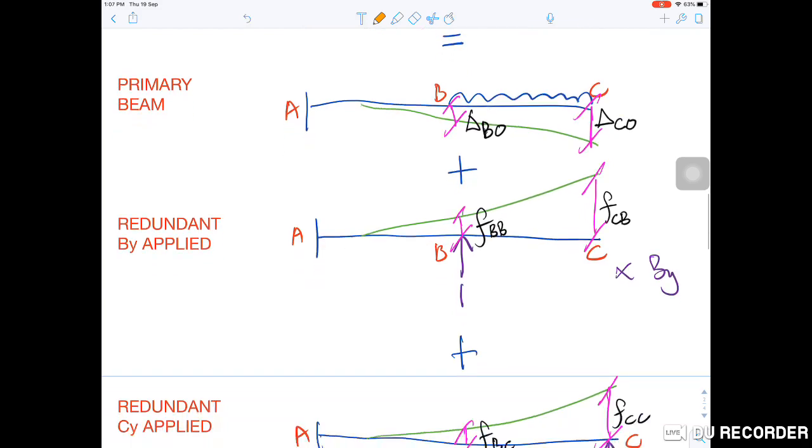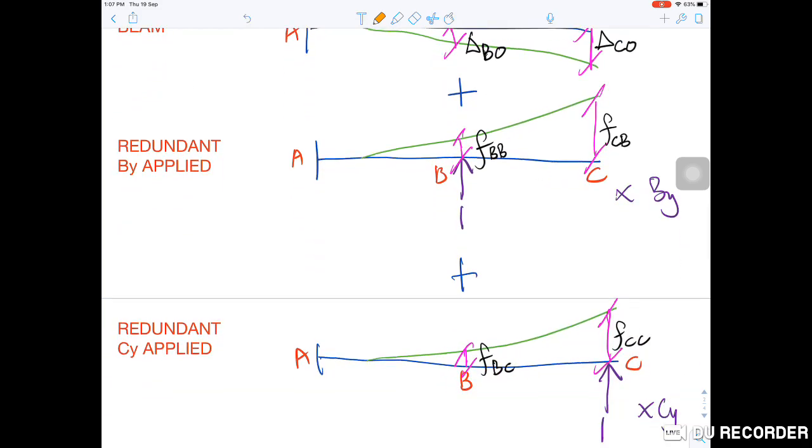For redundant BY applied, due to a unit value of BY, the delta is now F, and it is FBB because it is F at position B for redundant BY applied, and at position C, it is FCB, F at position C for redundant BY applied.